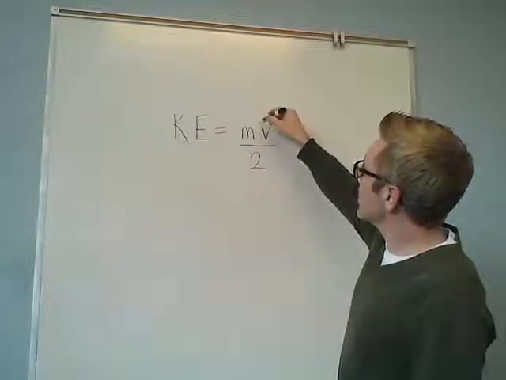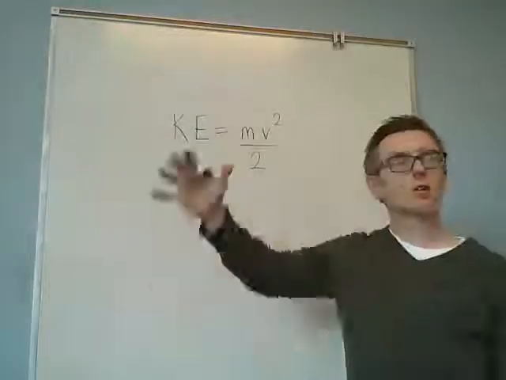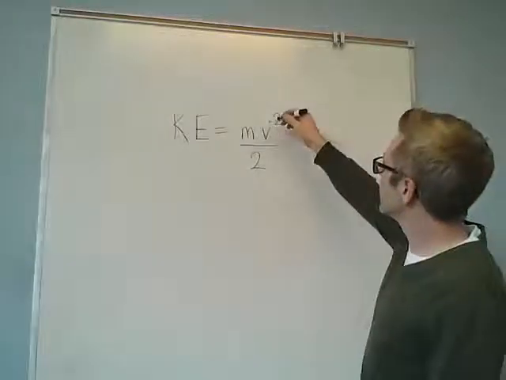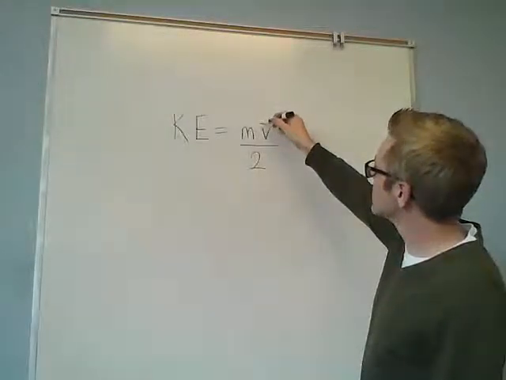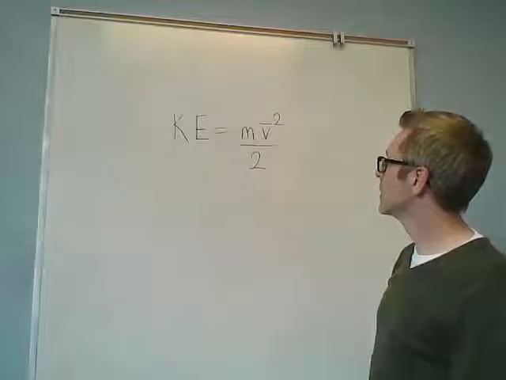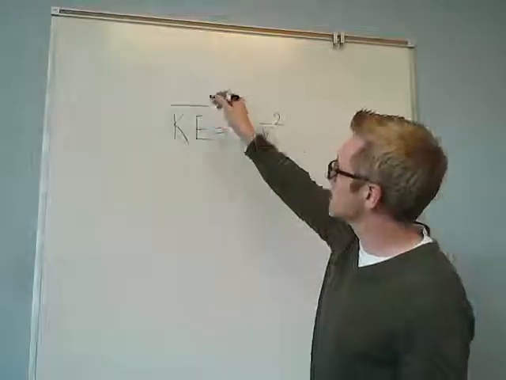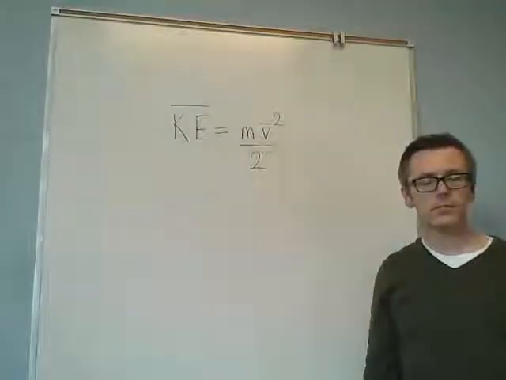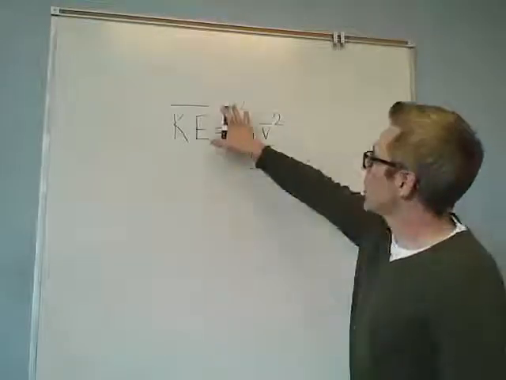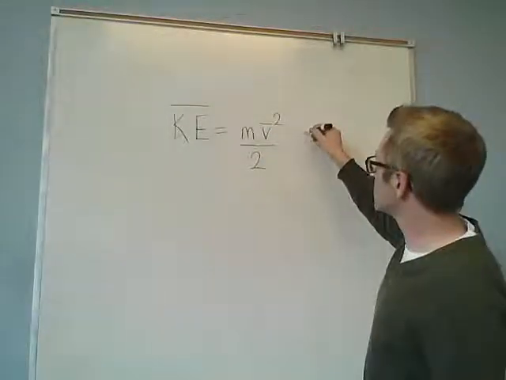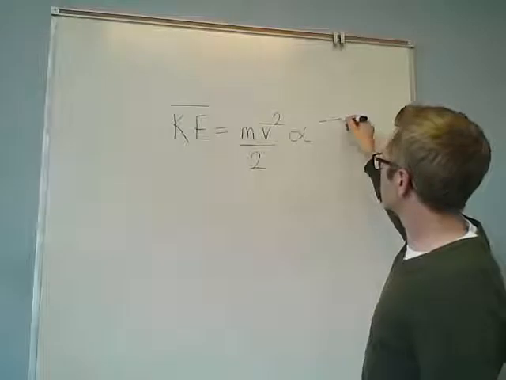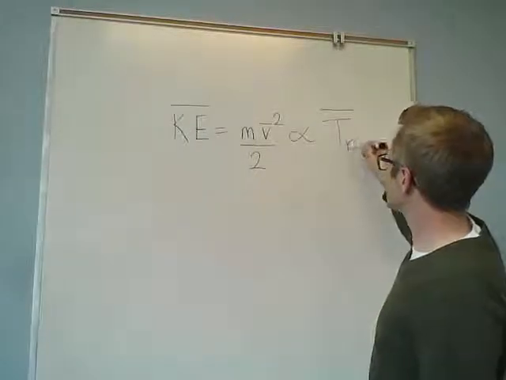If we just average all the molecules in a room, if we take the average velocity, then we get the average kinetic energy. Well, on the average, this is proportional to the average Kelvin temperature.